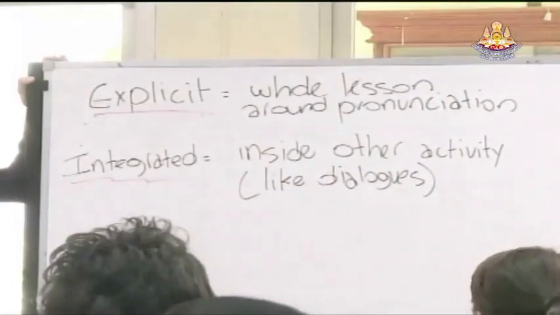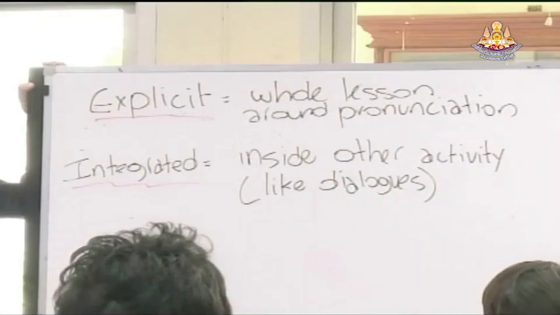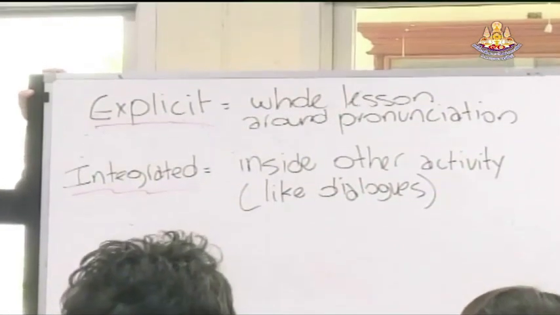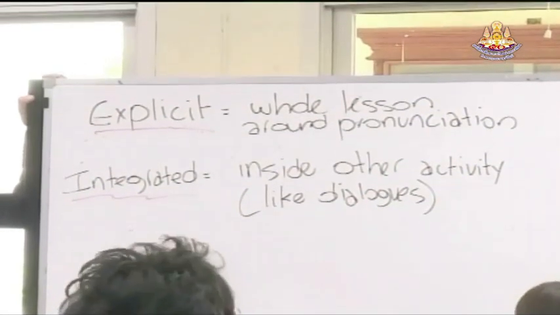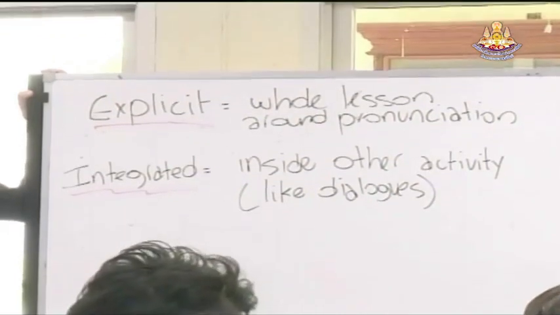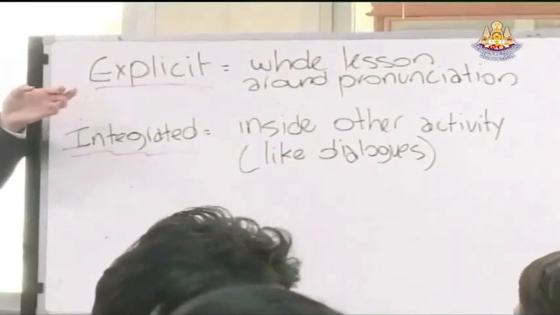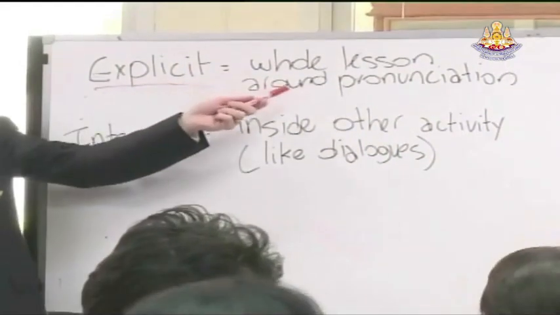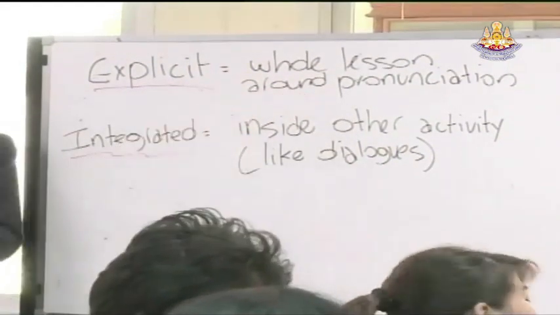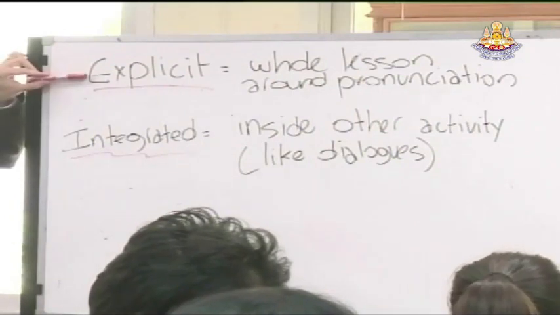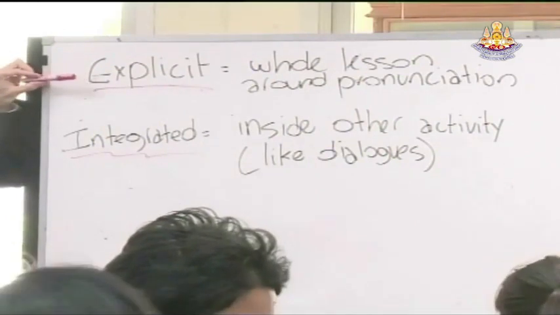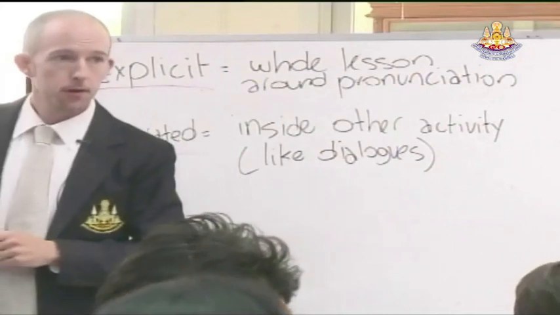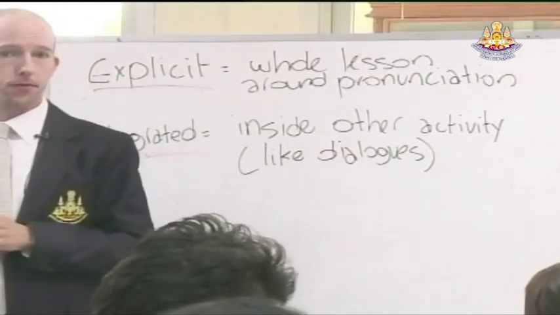I put the two words on the board, explicit and integrated. Two ways to teach pronunciation. Explicit means a whole lesson around pronunciation. If you're doing explicit pronunciation, you come into class and say, good morning, class.